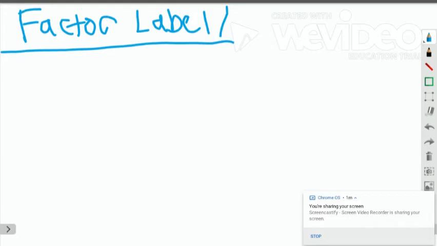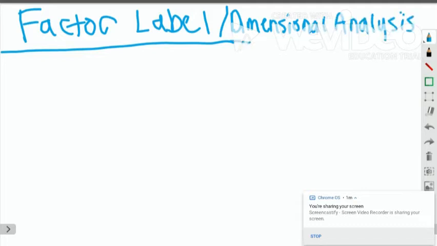We also called this at the beginning of the year dimensional analysis. Sorry, I'm taking some time to get used to writing on this. You can call it either thing, the factor label or dimensional analysis method.